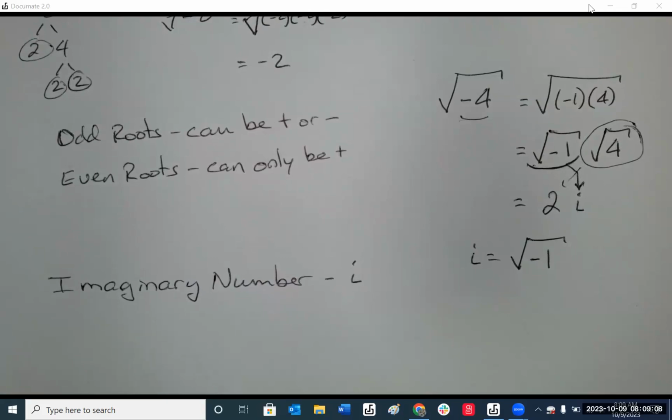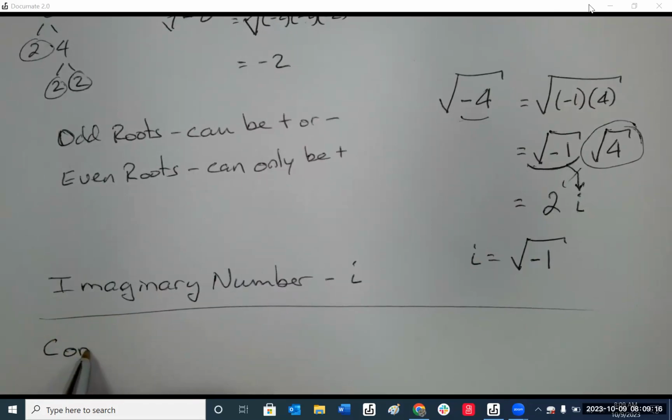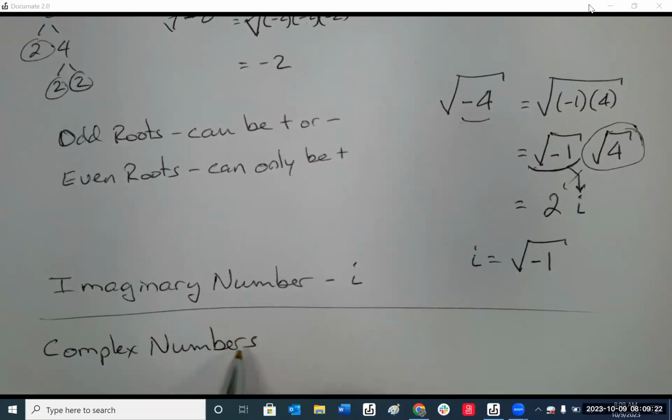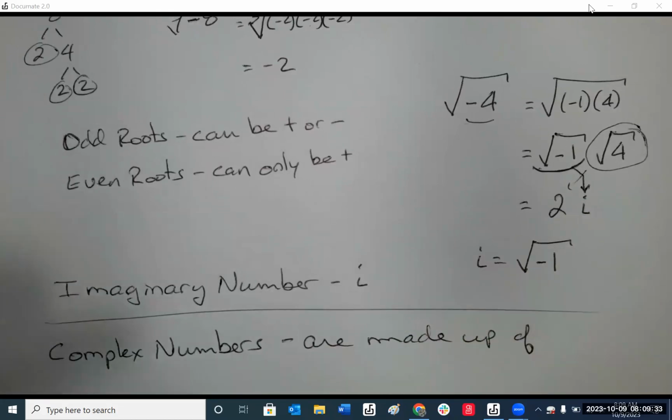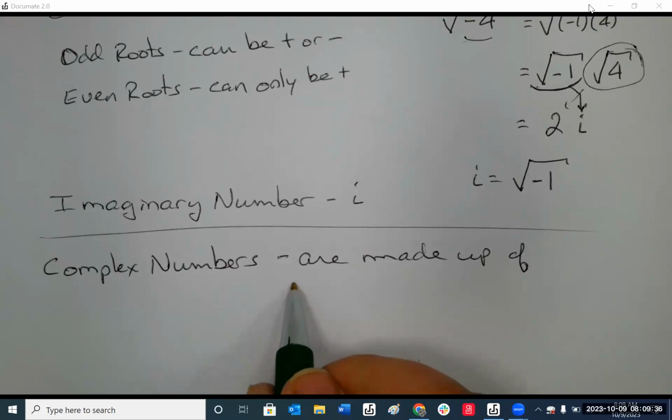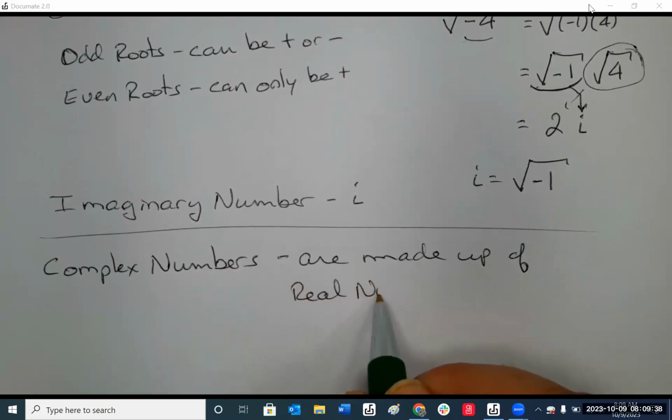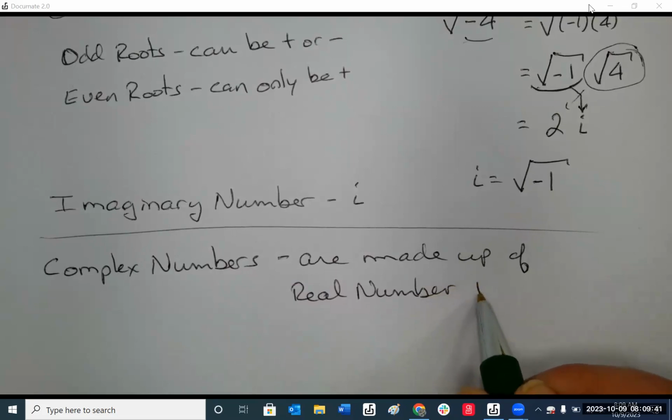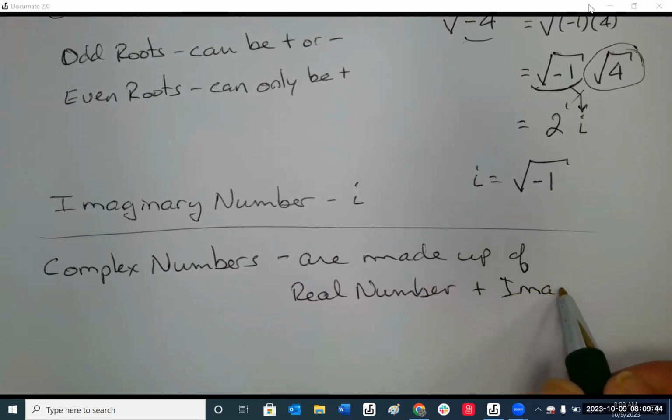But we still haven't gotten to what we're talking about. How does all this relate to complex numbers? Complex numbers are made up of real numbers plus imaginary numbers.